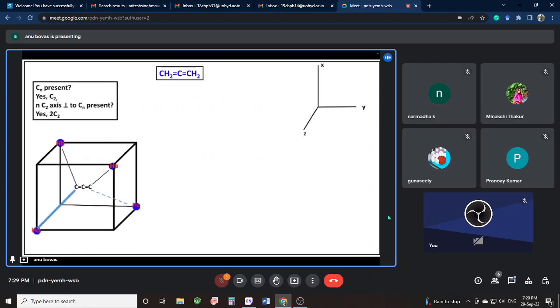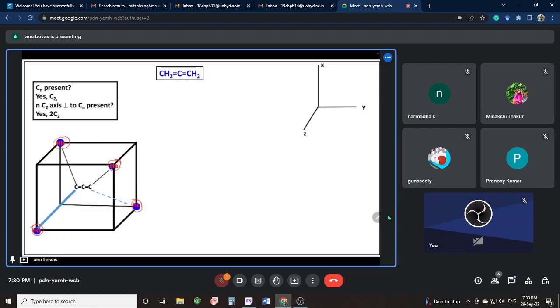Okay, so now if we want to solve the question, first of all, we can imagine CH2=C=CH2 inside a cube. Otherwise, it will be difficult for us to see the C2 axis present inside. So inside a cube, I am just labeling the different hydrogen atoms with different names, like HA, HB, HC, and HD.